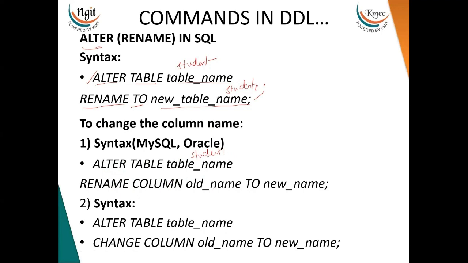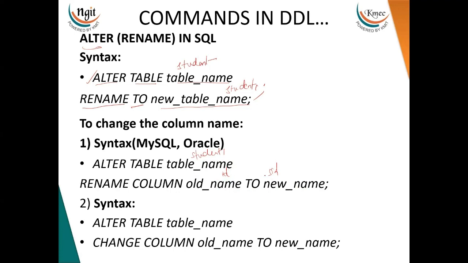So if you remember, for the student1 relation, we have given column names as ID and name. Now I want ID to be renamed as SID, student ID. So the old attribute name which I've given is ID, and the new attribute name which I wanted to give is SID.